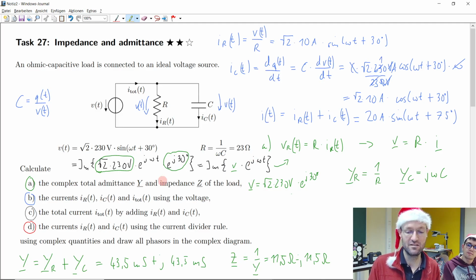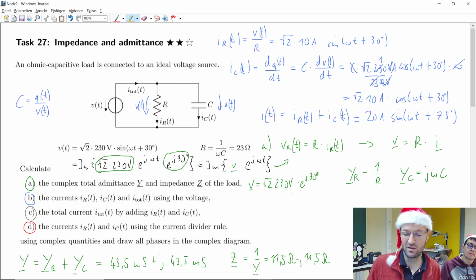And then at the end, finally, we would need to convert back into currents, into time functions. I will not do it now because it's already written here, but at the end we would like to have something like what is written already here, these time functions.